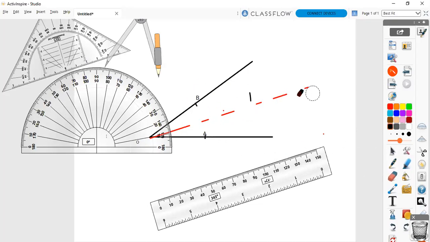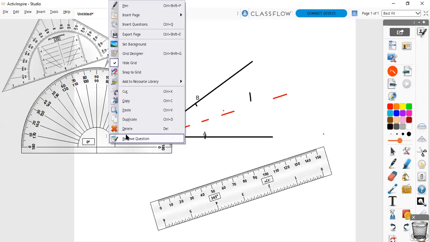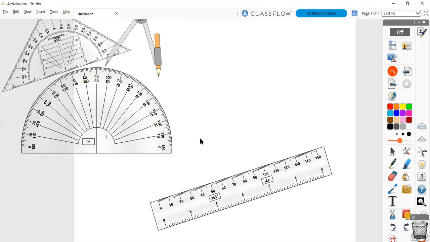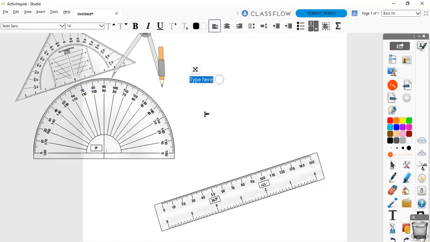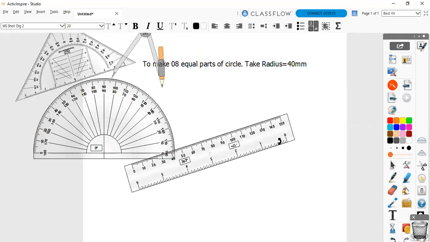Same way you can use this practice in the figure where we want to make equal parts of a circle. To make the 8 equal parts of the circle having the radius of 40, let us again draw a circle having a diameter of 80.